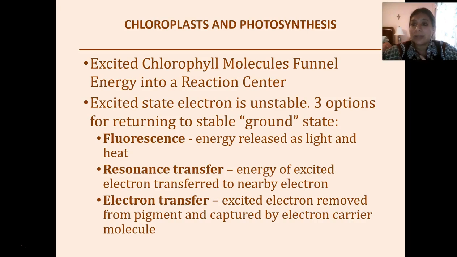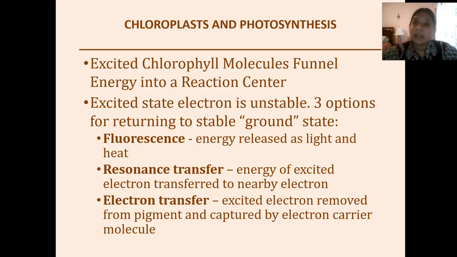In that case, it's going to release that stored energy, either as light or as heat. Another way would be to pass that on to some other electron so it gets back to its normal state and gets somebody else excited. That would be what we call a resonance transfer, or energy transfer, where one excited electron is transferred to another nearby electron.